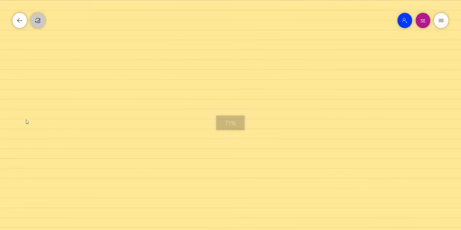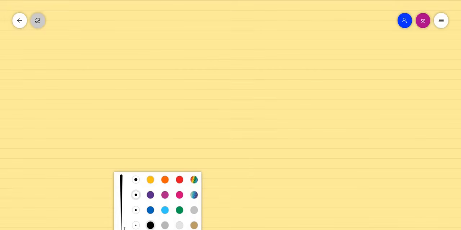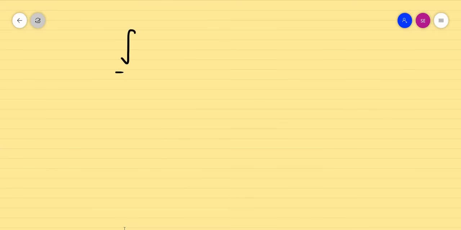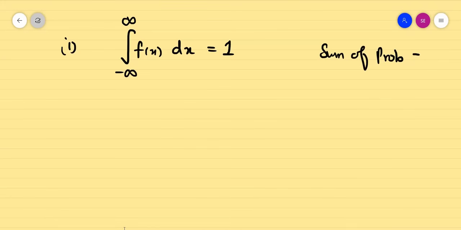Students, please answer me. What is the result you know about probability? Sum of probability is always what? 1. Okay, because always remember, to find A, we are going to use this formula. Sum of probability is always 1.